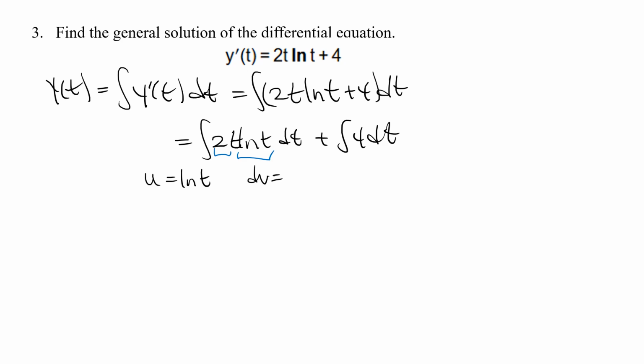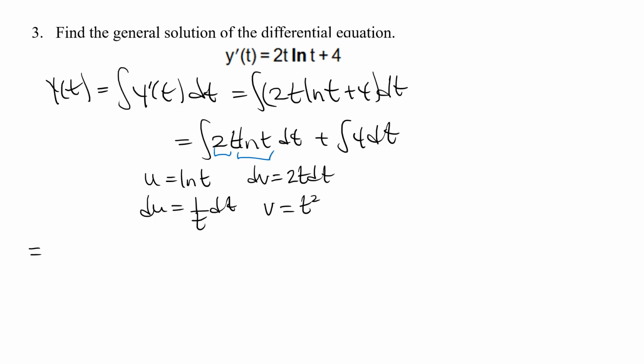Then dv is 2t dt, and du is 1 over t dt. The integral of dv, v, is simply t squared.